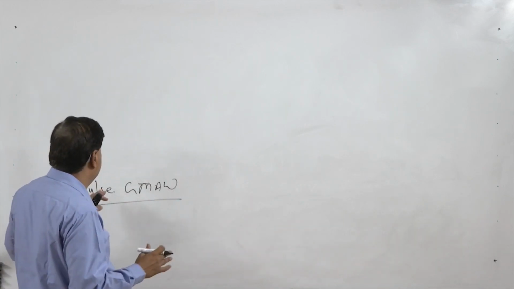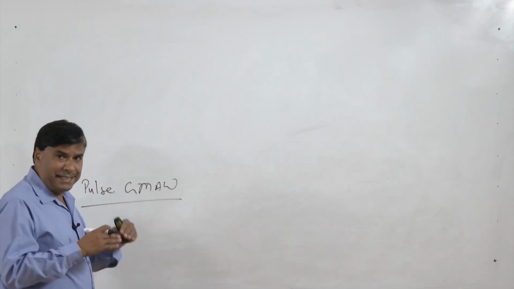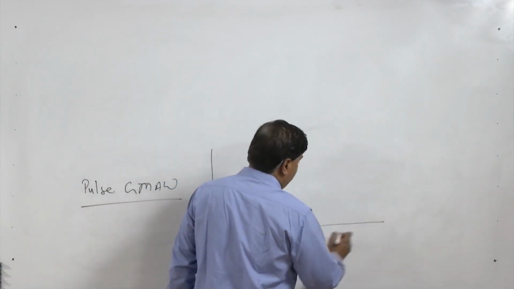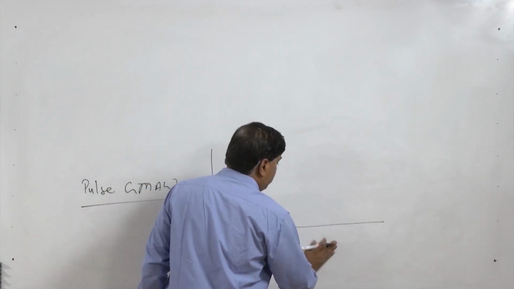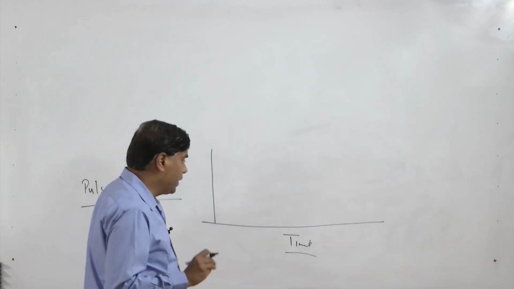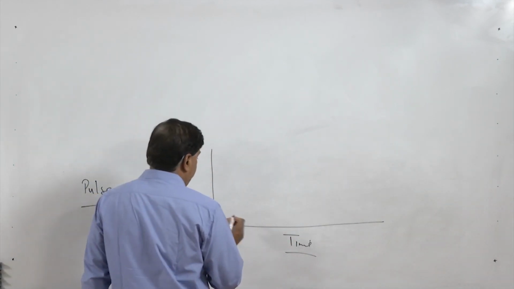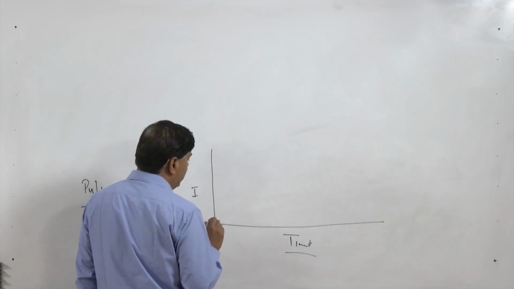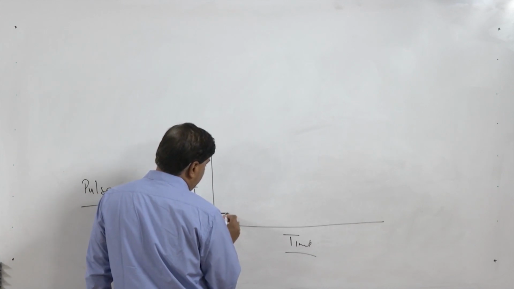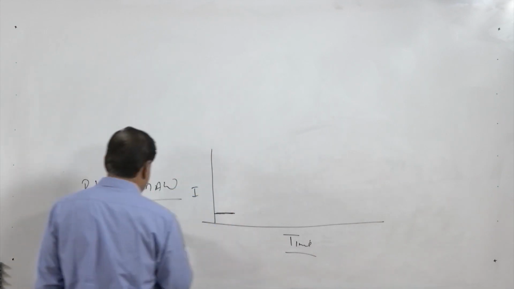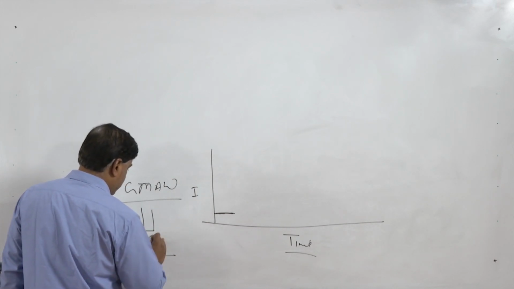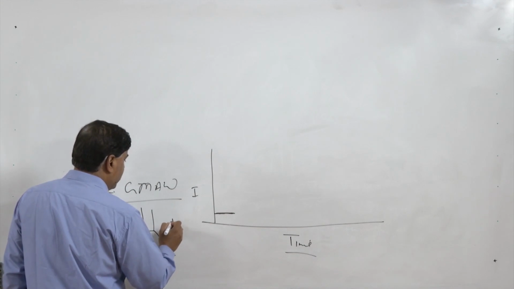So to avoid that, the GMAW process is modified in a particular way, wherein the value of the current is regulated as a function of time. So what is done in this case: here we have current, and initially we keep the current value low, like this is the welding current, the welding arc, and current is fed.